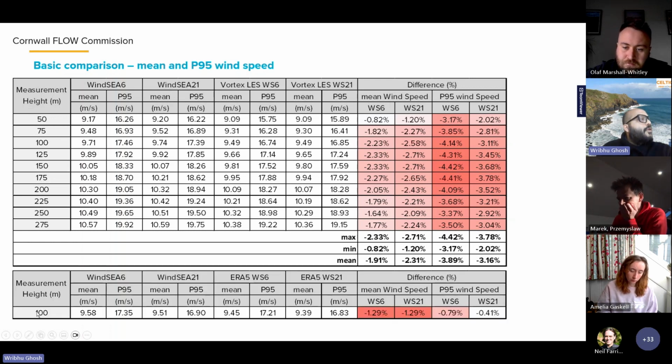This is a comparison for 100-meter wind speed mean and P95 between our measured data and ERA5. It is also underpredicting, but the underprediction percentage is much less. However, this does not mean this is a better model. This is because this is hourly data, so we had to even out 10 minutes average data into hourly, so that could have affected that.